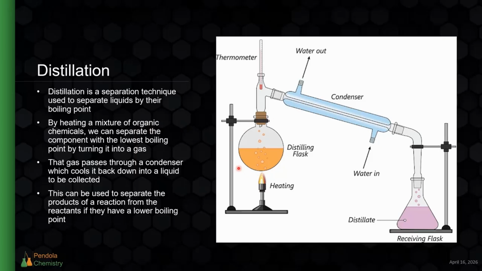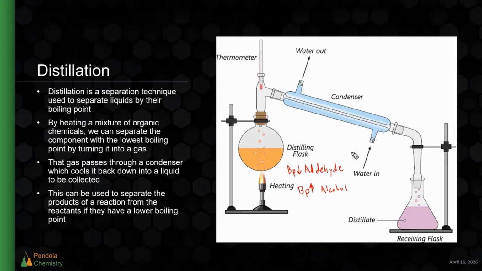Whenever we have a mixture of chemicals and we heat them up, if they have different boiling points, so the aldehyde has a lower boiling point than the boiling point of the alcohol, which is higher. So we react that alcohol with everything that we need to react it with. It turns into the aldehyde.